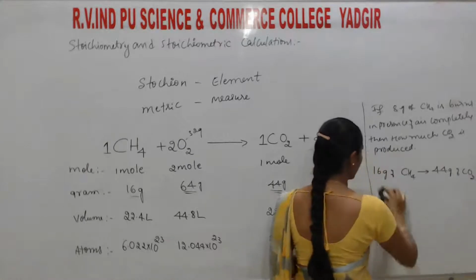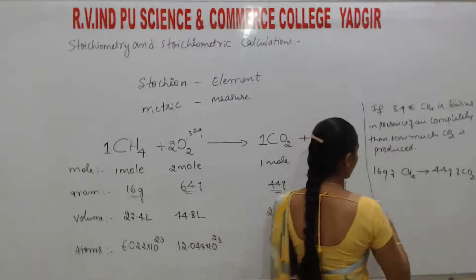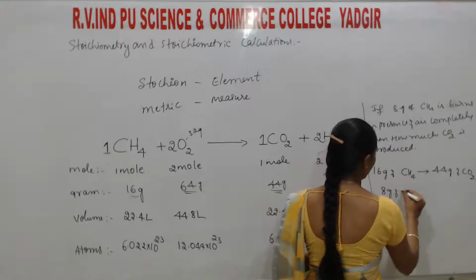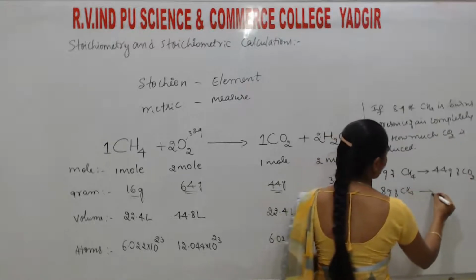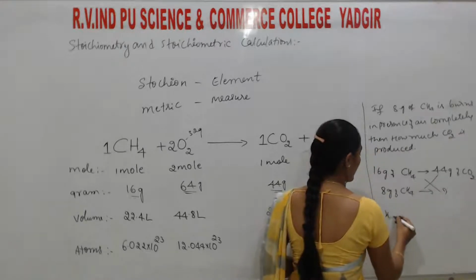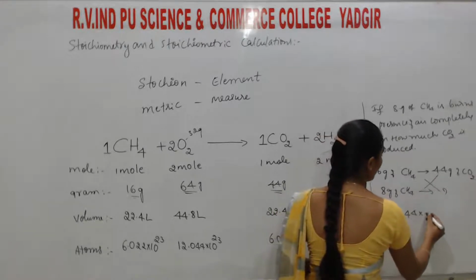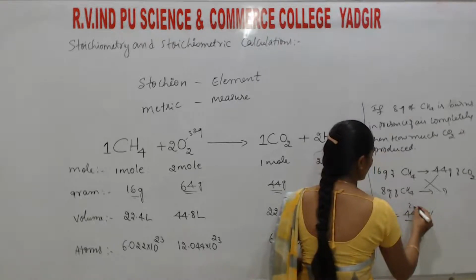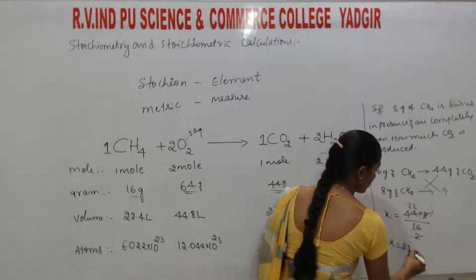So if you calculate here, listen. This is the general reaction we already took, but instead of that gram, they gave 8 gram. 8 gram of CH4 gives how many gram of CO2? If you just cross multiply, x is equal to 44 into 8 divided by 16. 8 ones are 8, 8 twos are 16, you get 22 grams.